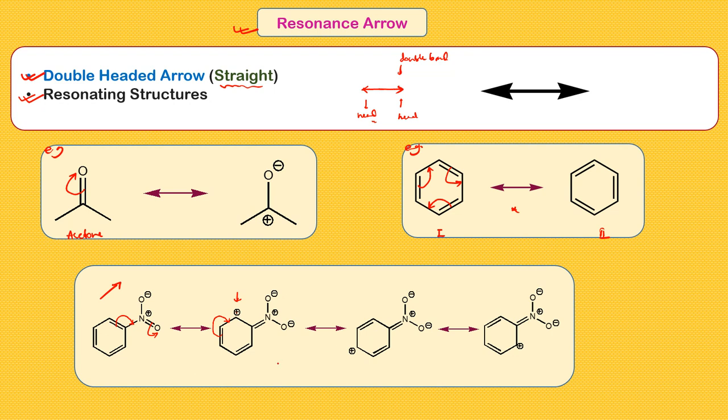All these representations of resonating structures can be shown with the help of this resonance arrow. So the resonance arrow is nothing but a guide to understand the different possible structures formed through resonance.